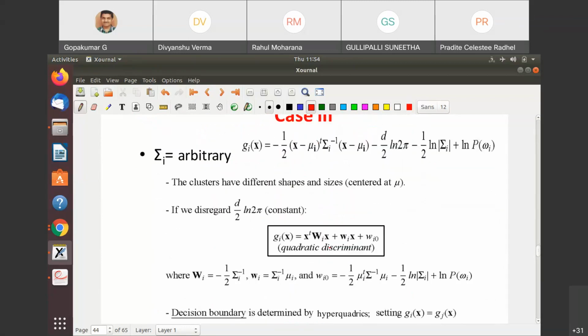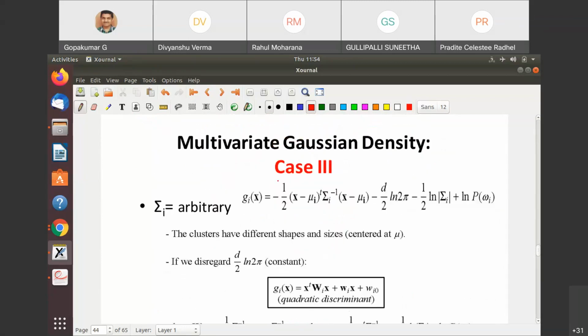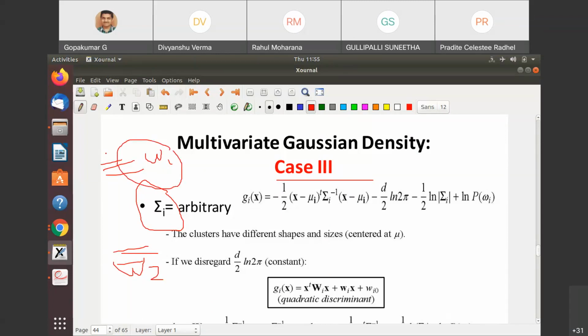And finally, this is case three, where we assume that sigma is arbitrary. That means when you consider all the tuples corresponding to W1 and all the data points corresponding to W2, they have different covariance matrices. Similarly here also it has a different covariance matrix.